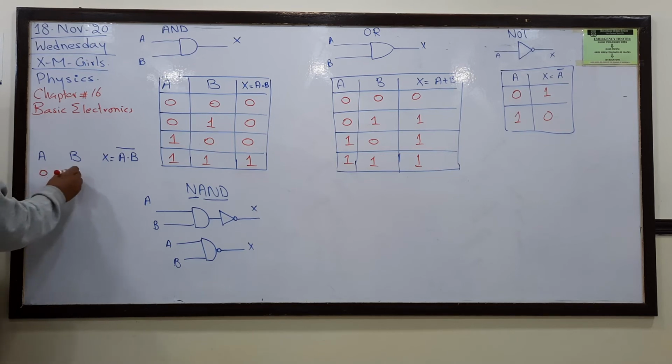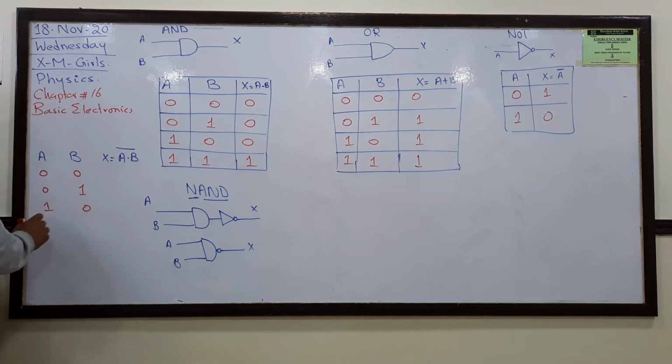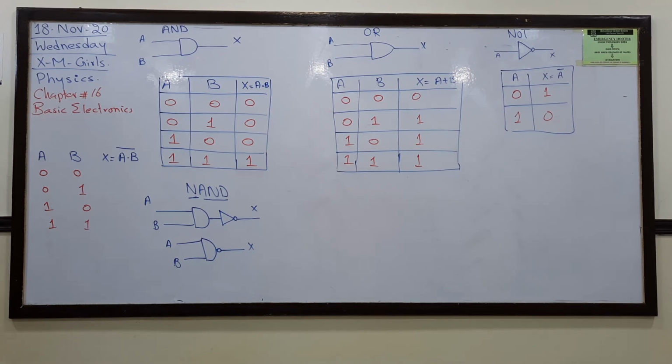So the inputs could be 0, 0, it could be 0 and 1, it could be 1 and 0, it could be 1 and 1. How do I get the truth table for the NAND gate? Try to understand. You multiply them, and whatever answer you get, you invert it. So 0 multiply 0, what will be the answer? Then invert it.